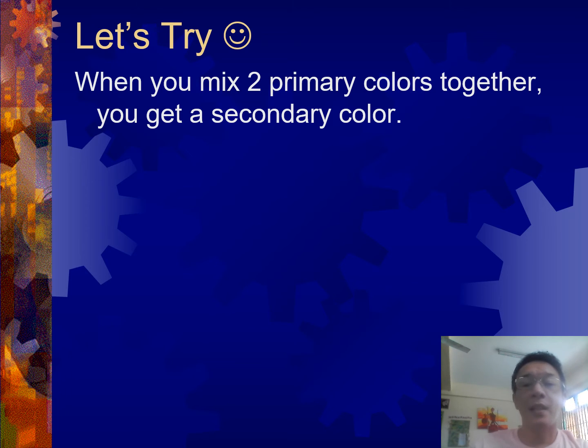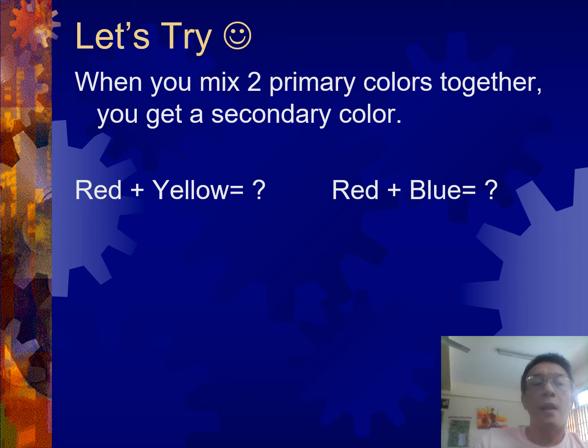So how about if we combine the red and the yellow? What do you think will be the secondary color that we are going to have if we mix the two primary colors, red and yellow?